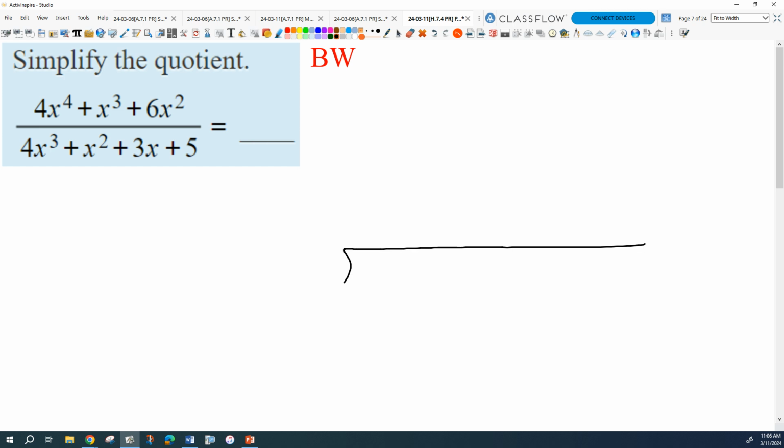Okay, what goes inside? Everybody up here, please. What goes inside? Numerator. So 4x to the 4th plus x cubed plus 6x squared plus 0x plus 0.